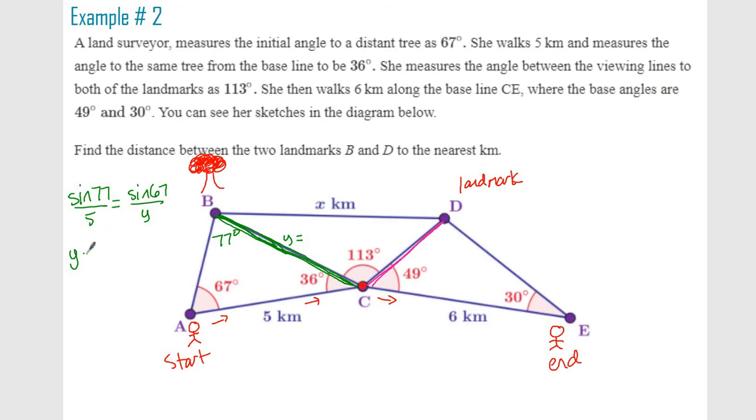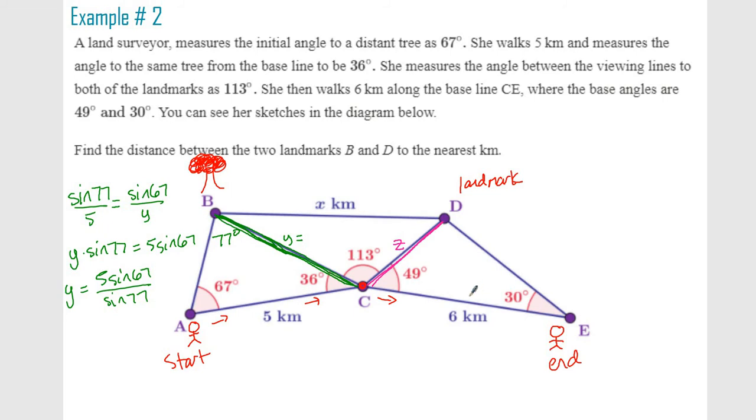So if we do y times sine of 77 equals 5 times sine of 67, you get the y by itself. It's over sine 77. So that's what y is. Some gross decimal.